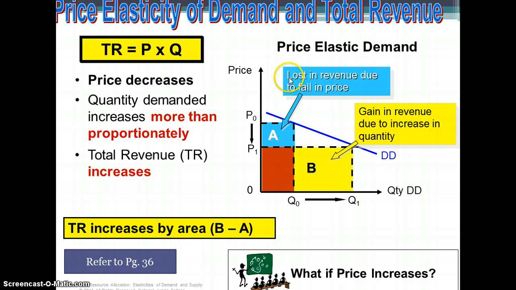Since the gain in the revenue is more than the loss in the revenue here, there is a decrease in total revenue when there is a price increase. Let me repeat myself again: if the price increases, the total revenue will fall.